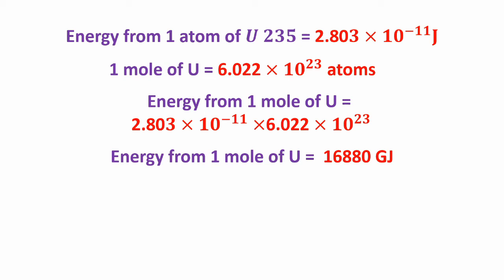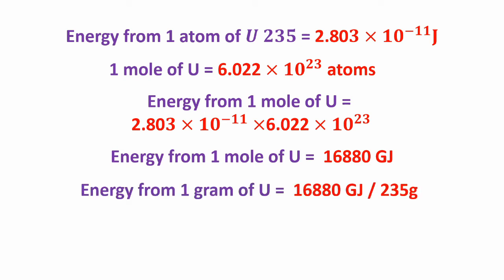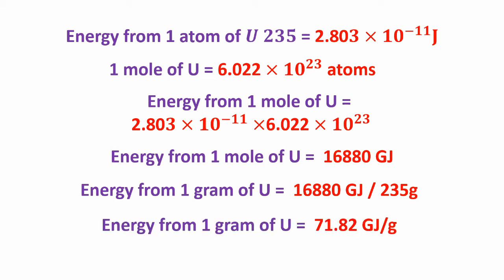As 1 mole has 235 grams of uranium, 1 gram of uranium will release 71.82 gigajoules of energy.